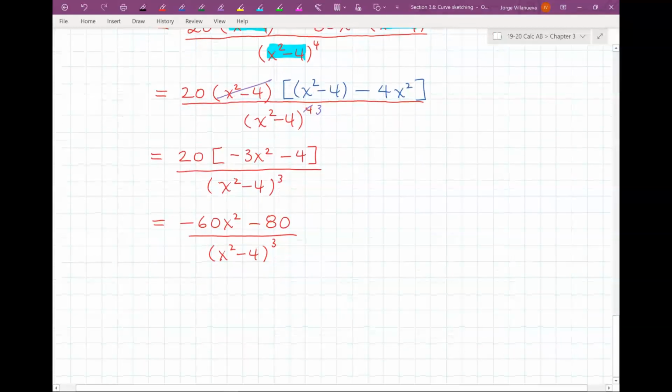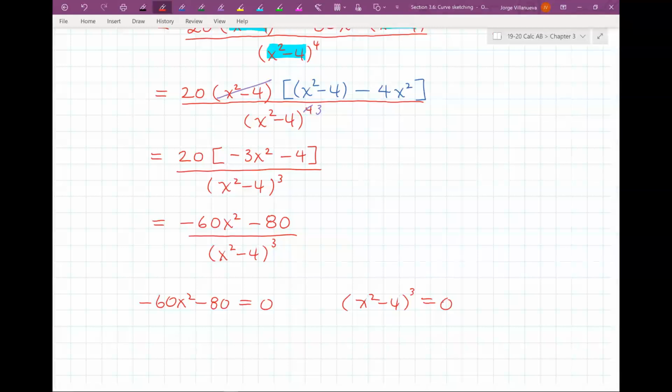So, let's figure out what makes this equal to 0 and what makes it undefined. So negative 60x squared minus 80 would make it 0. And (x squared minus 4) cubed equals 0 would make it undefined.